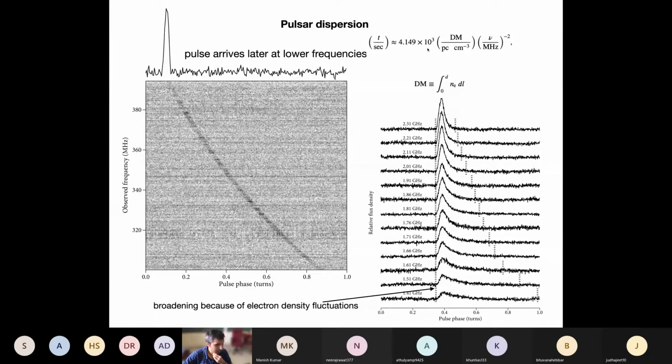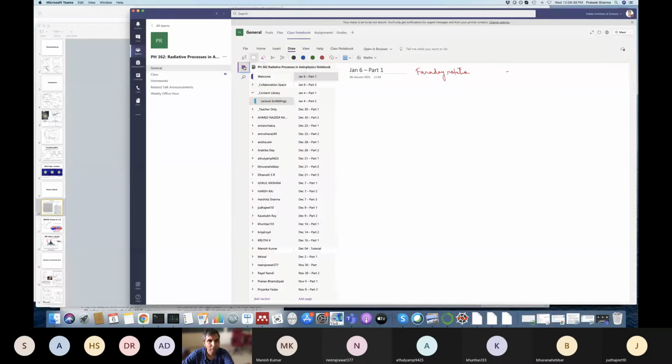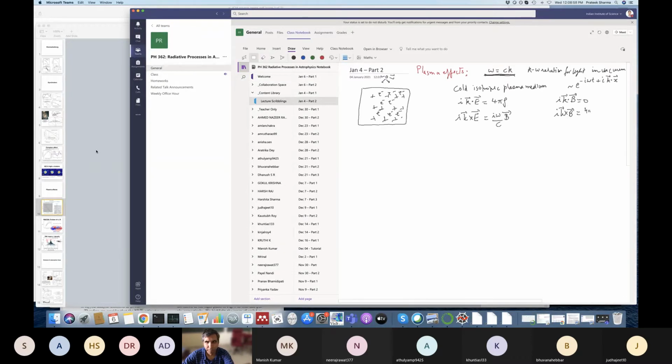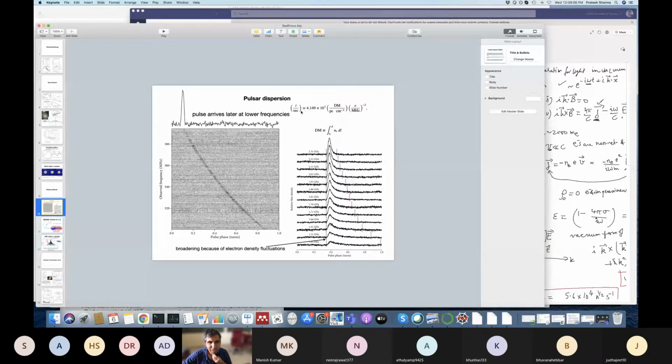Right. So basically, the last time what we had was, I actually don't know what this time in seconds here in this formula is. I got this formula from somewhere. This cannot be the propagation time, because propagation time depends on the distance of the object.